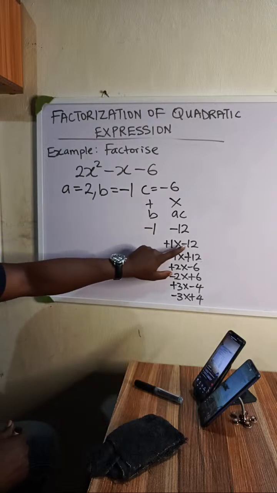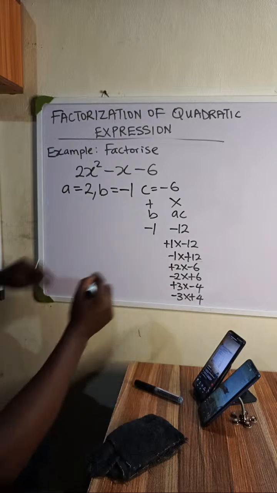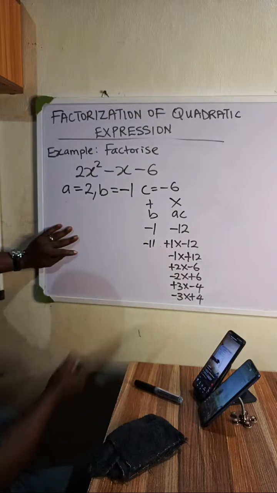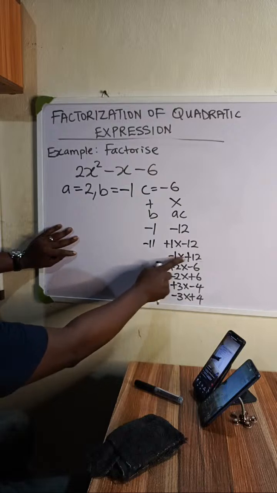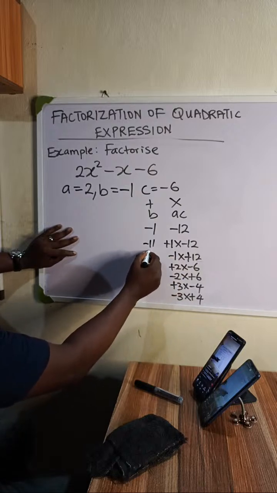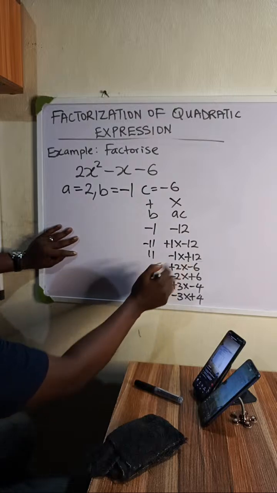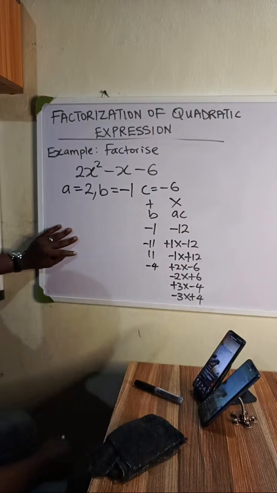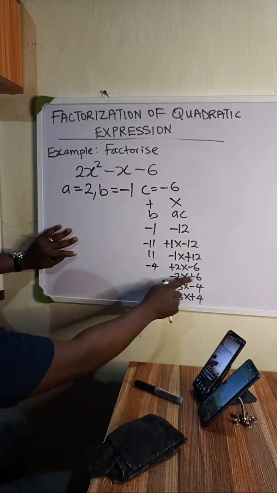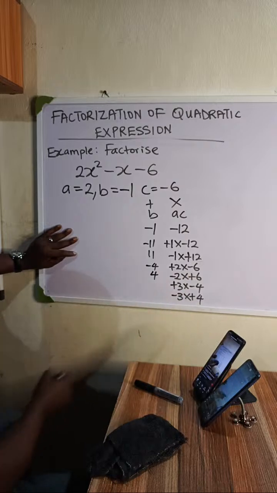Plus 1 minus 12 is going to give us minus 11. Minus 1 plus 12 is going to give us plus 11. Plus 2 minus 6 is going to give us minus 4. Minus 2 plus 6 is going to give us 4.